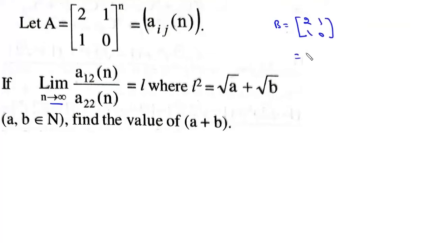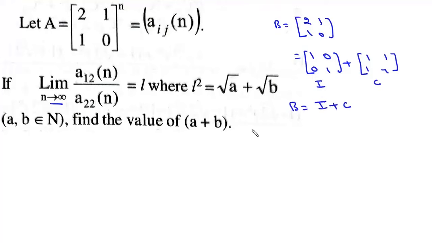And we'll write this as [1, 0; 0, 1] plus [1, 1; 1, -1]. So this is I and this is suppose C. So we can write this B as I plus C. So now we have this matrix C, which is [1, 1; 1, -1].